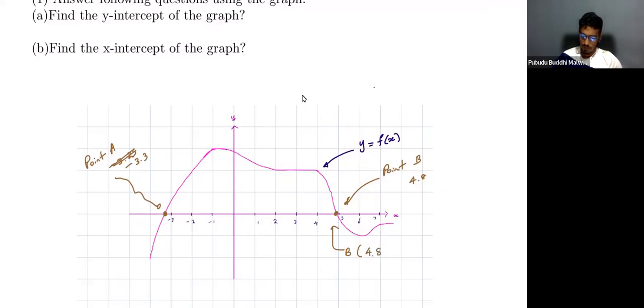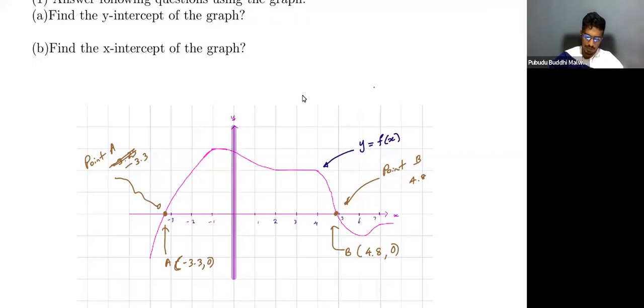So clearly the point where the graph intersects the x-axis is 4.8, 0. For this point, -3.3, 0.